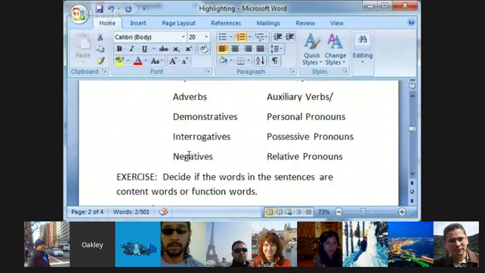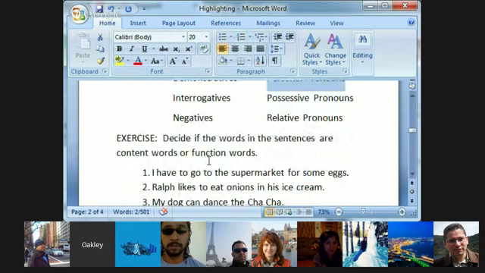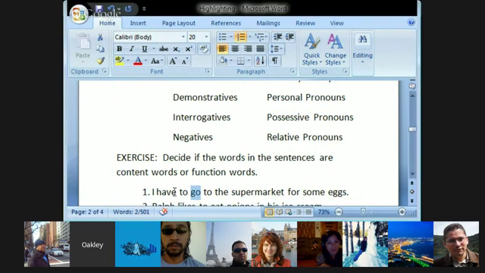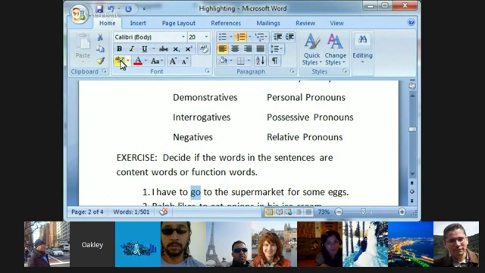I and go. I is a personal pronoun. Okay. Go. All right. Wait, we're getting ahead of ourselves. How about have? Function words.